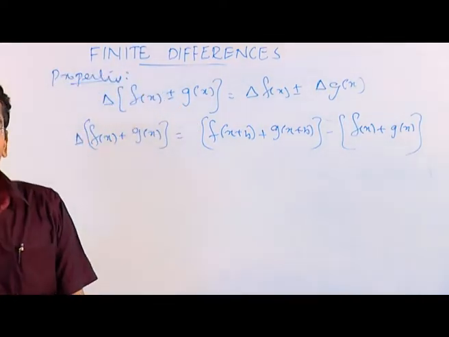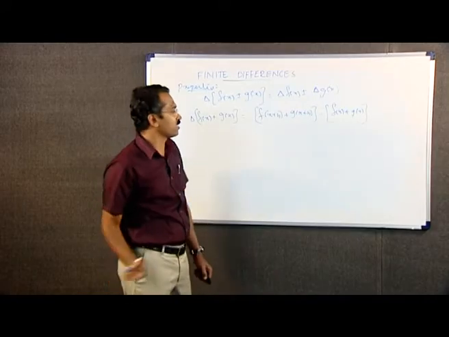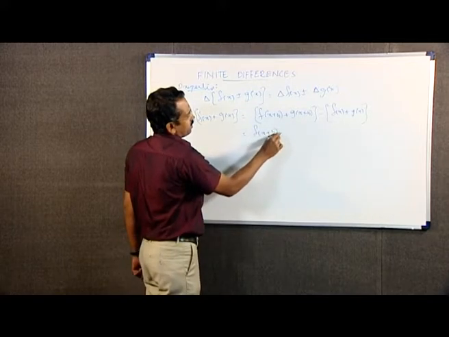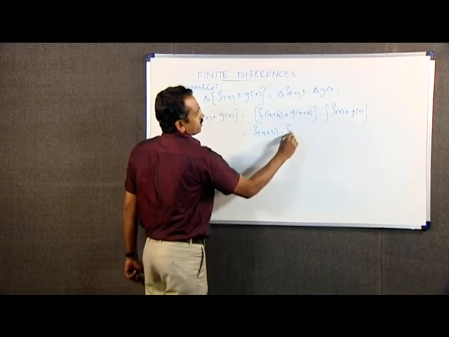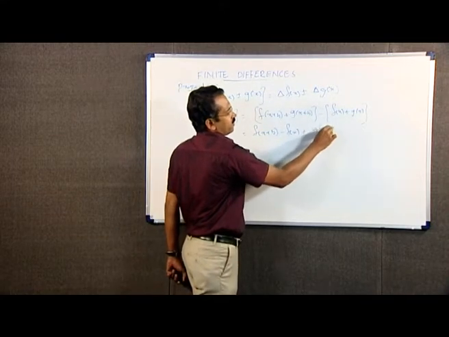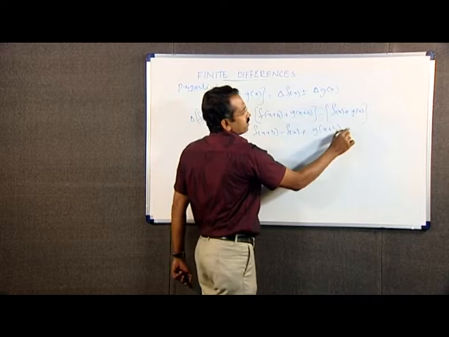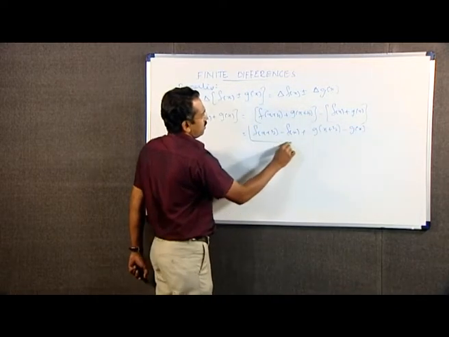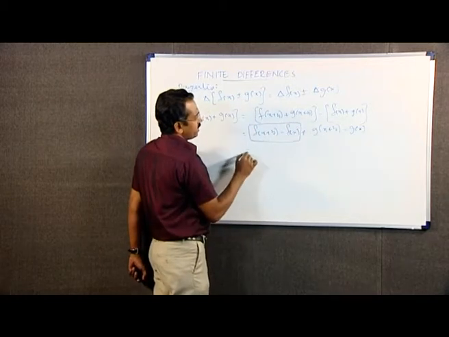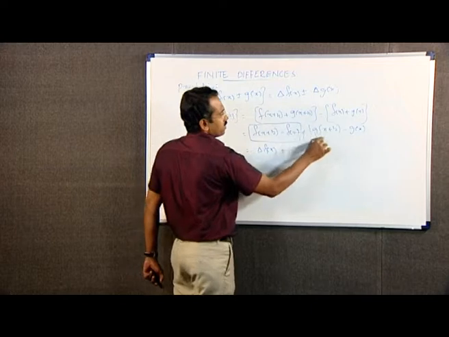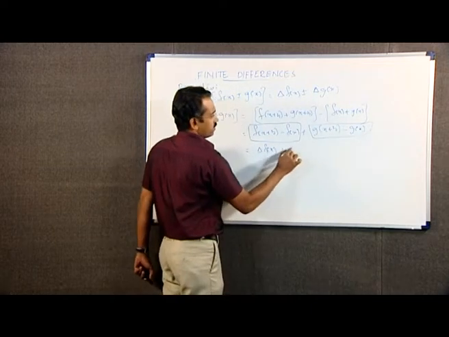This is by definition. That is equal to f of x plus h minus f of x plus g of x plus h minus g of x. By definition, this is delta f of x and this is delta g of x.